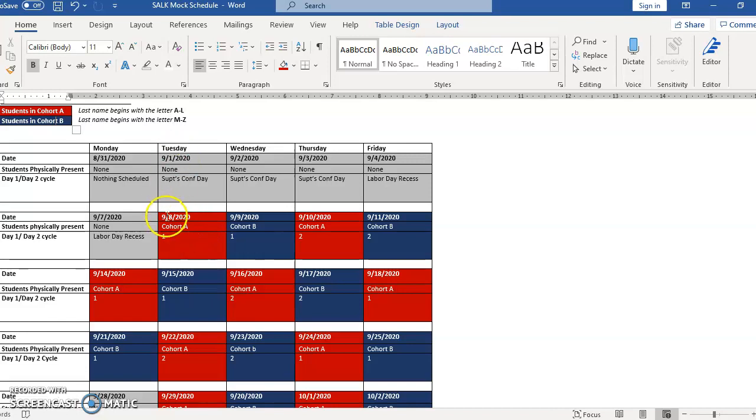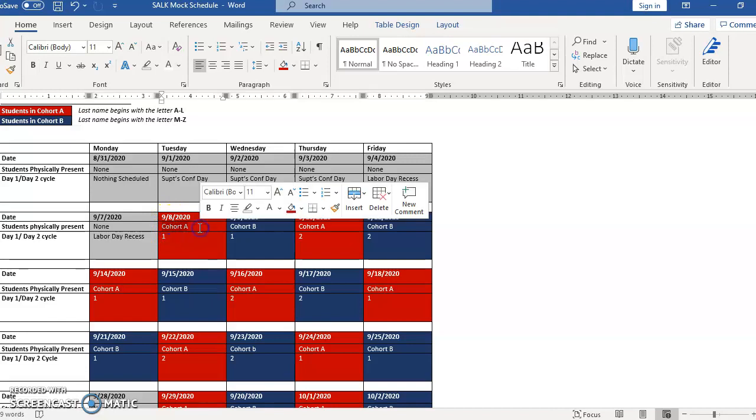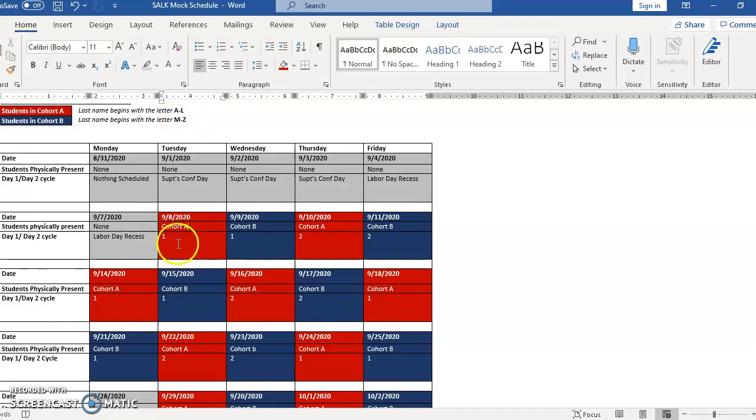So on Tuesday, the first day of school, September 8th, cohort A is in person. Okay, if you're in cohort A on that first day of school, you're in person following a day one schedule. That means that cohort B is at home following a day one schedule, working remotely.